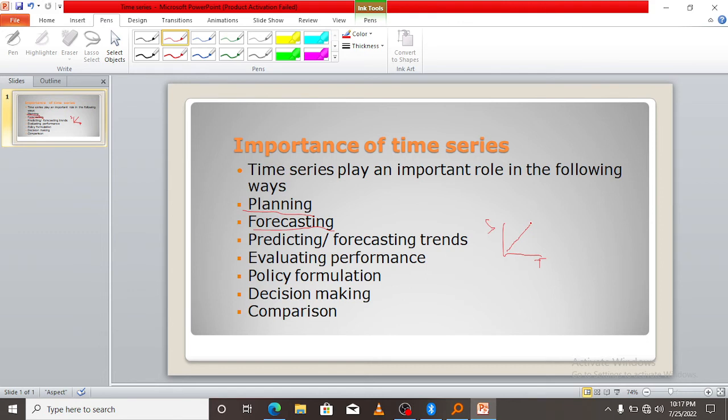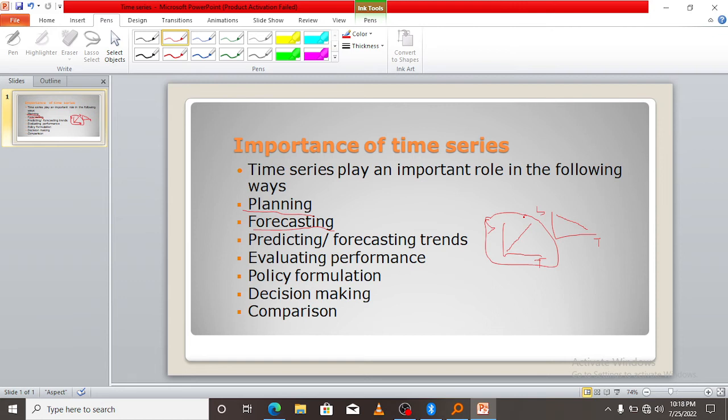So after getting that, for example, in the previous years there was an upward movement of trend, which shows an increase. You can base on that and predict, and say in the next years we expect sales to be like this. Hope you are getting me.